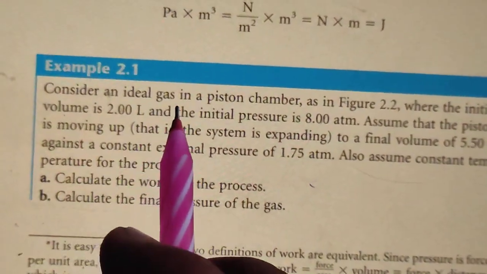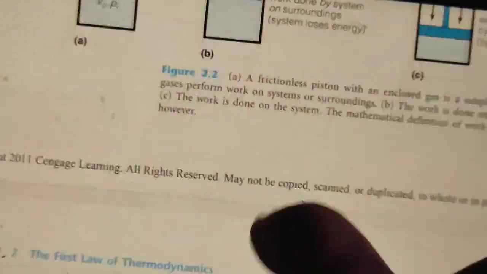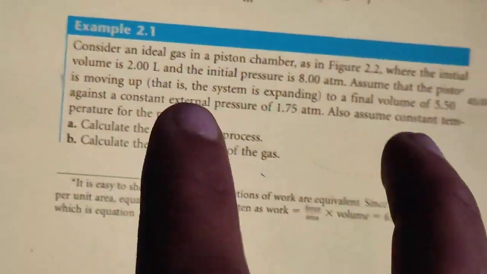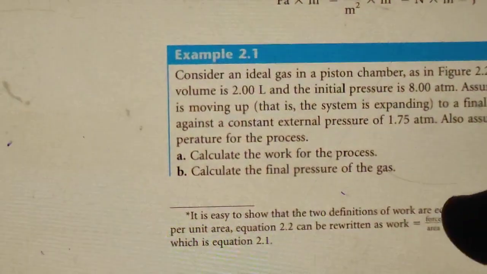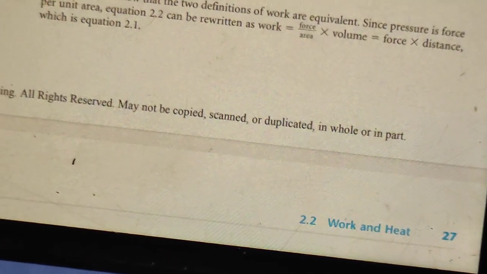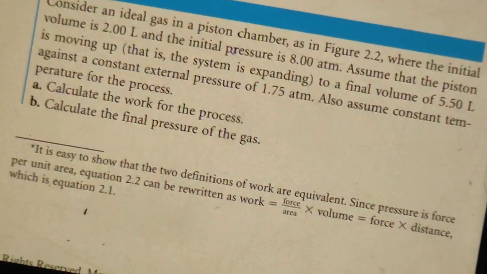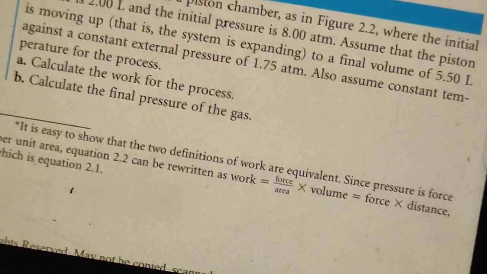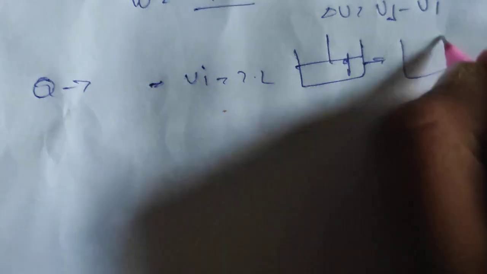The question says: consider an ideal gas in a piston chamber, shown in figure 2.2, where the initial volume is 2 liters and the initial pressure is 8 atm. Assume the piston is moving up, which means the system is expanding, which is a negative sign, and work is done by the system. The final volume is 5.50 liters, and we have an external pressure of 1.75 atm. So the piston goes up, the system is doing work.